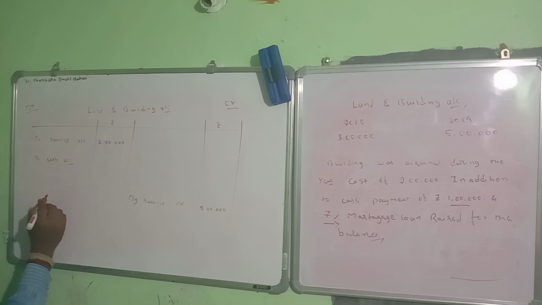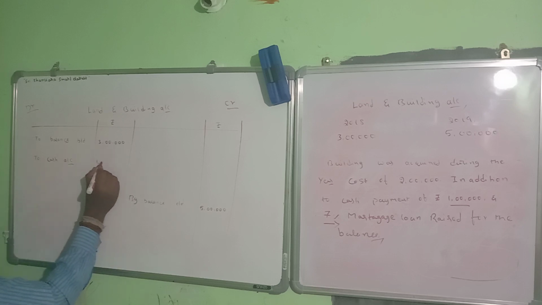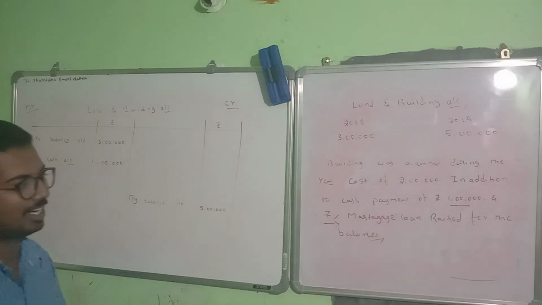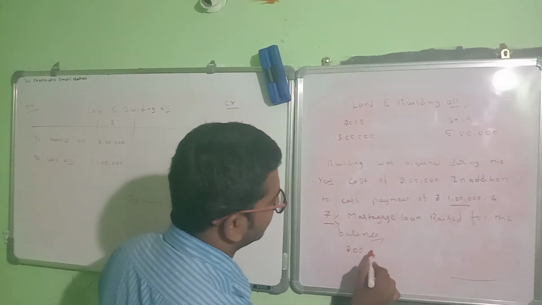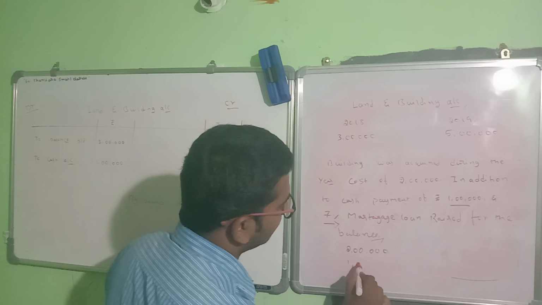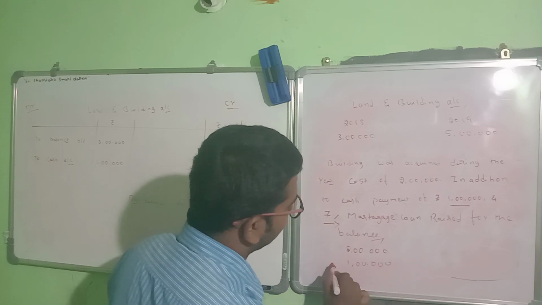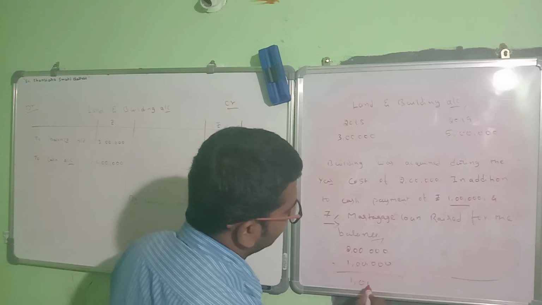So first you record the cash entry, to cash account 1 lakh. That means the amount they paid in cash to acquire the machinery is 1 lakh, and from 2 lakhs they paid 1 lakh, so the remaining balance is 1 lakh.